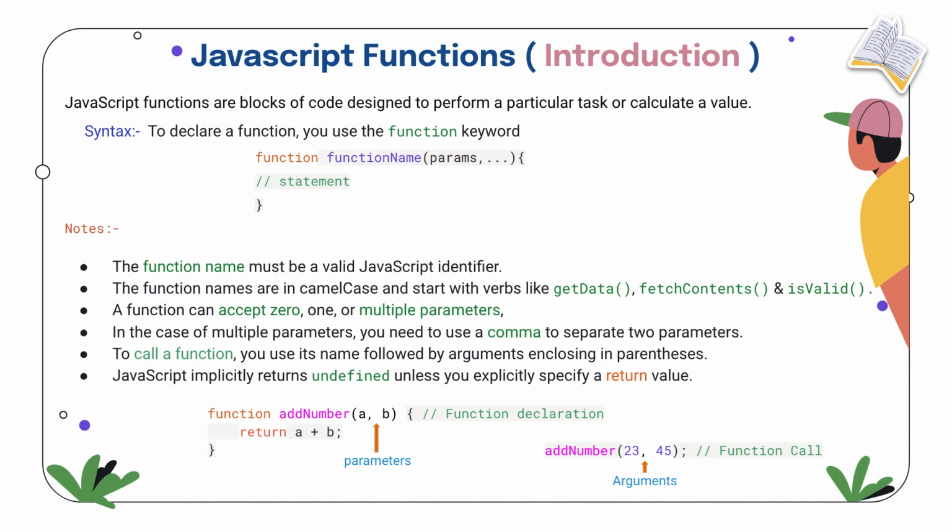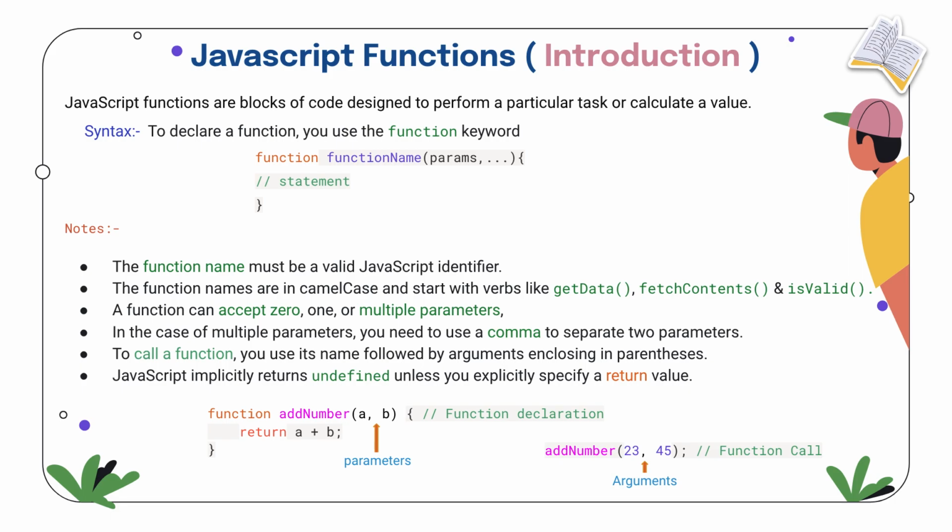In the same way, to write functions we have some set of rules. The function's name must be a JavaScript identifier. It means it should also be a proper, precise name.